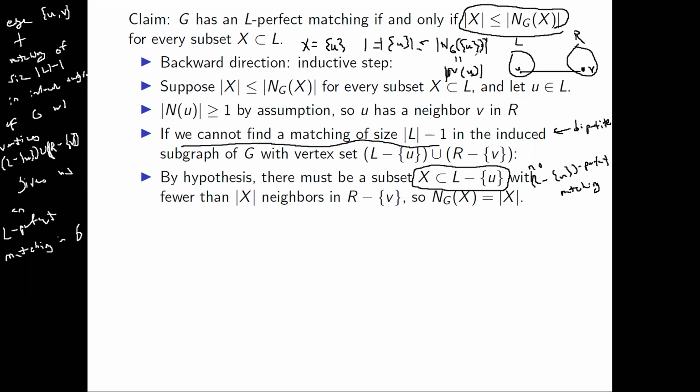Notice that this X right here is a subset of L minus U, so it's a subset of L. But since it's a subset of L, all of the neighbors of X have to be in R.